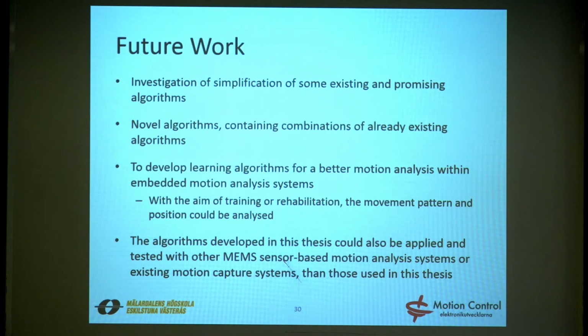And for further motion analysis, some learning algorithms like movement pattern and position recognition can be analyzed. And of course, the algorithms in this thesis can be tested in other similar MEMS sensor-based motion analysis systems or other existing motion capture systems.